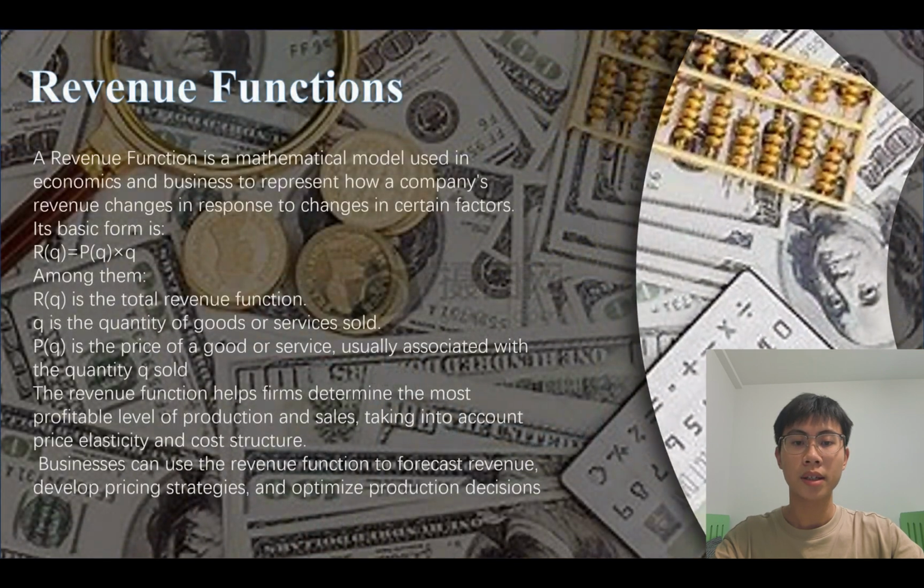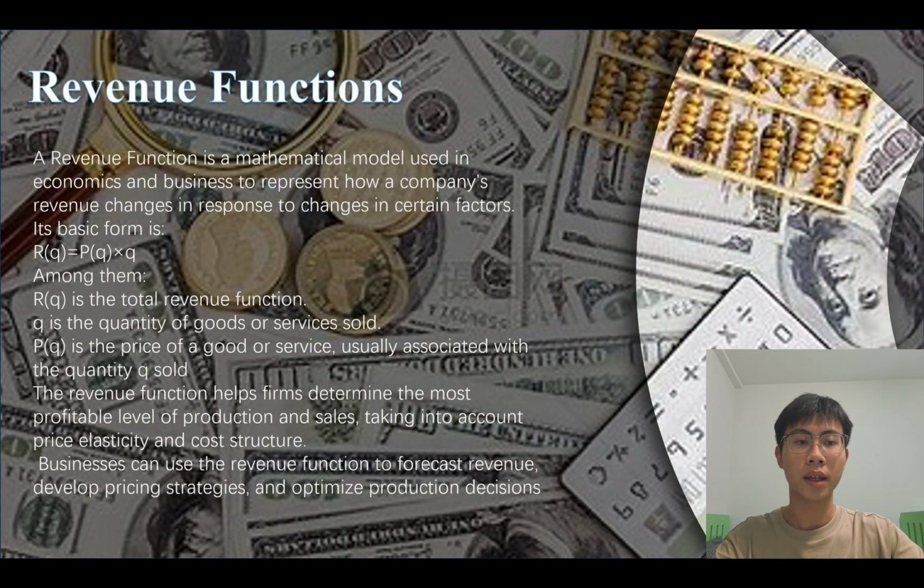A revenue function is a mathematical model used in economics and business to represent how a company's revenue changes in response to changes in certain factors. Its basic form is R of Q equals P of Q multiplied by Q, where R of Q is the total revenue function, Q is the quantity of goods or services sold, and P of Q is the price of a good or service, usually associated with the quantity Q sold.